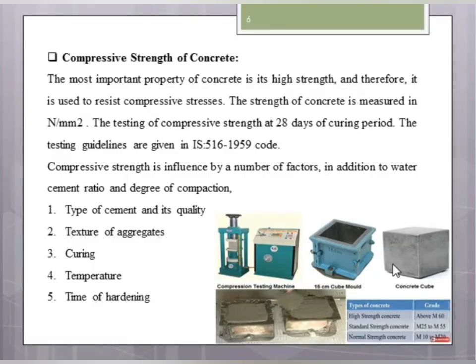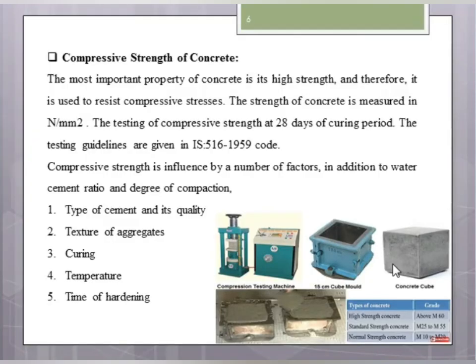For example, in OPC, there are three grades of cement: 33, 43, and 53. That is also related to the compressive strength of cement. So which grade or quality of cement you are taking is also important for the complete strength of the concrete.